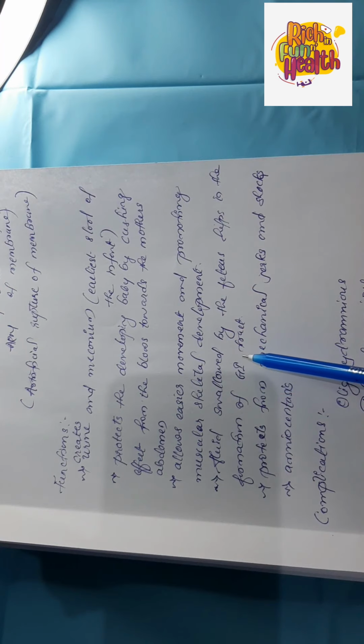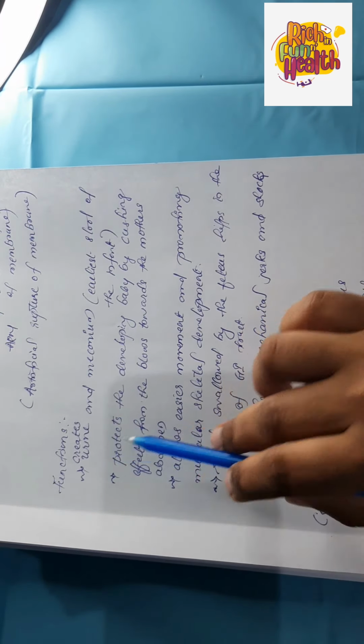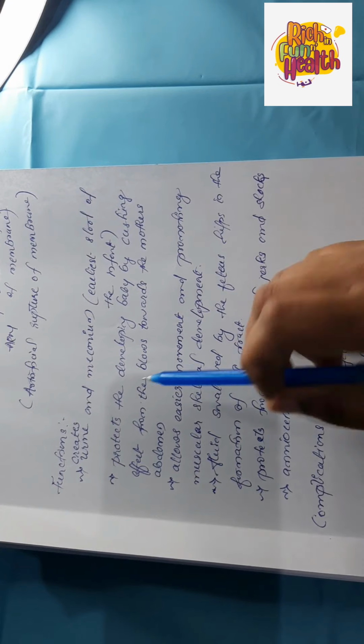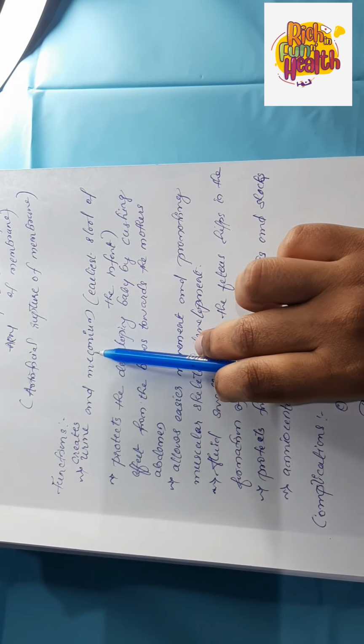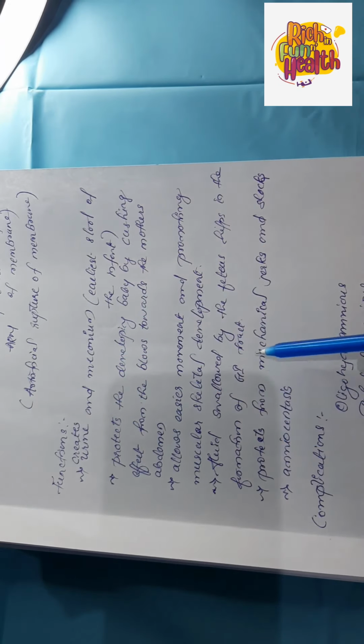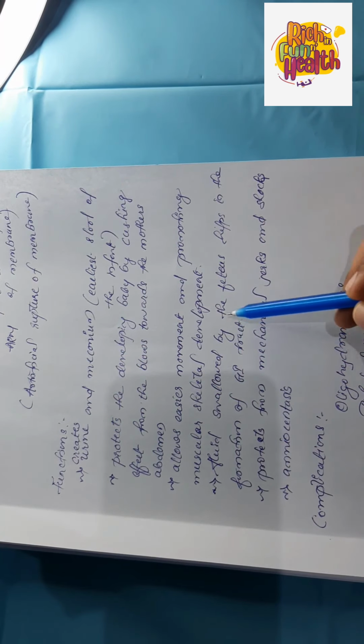So the baby swallows this fluid, and this will create the formation of the GI tract as well as the urine and the meconium. So this helps for the development of the GI tract as well as the musculoskeletal system.